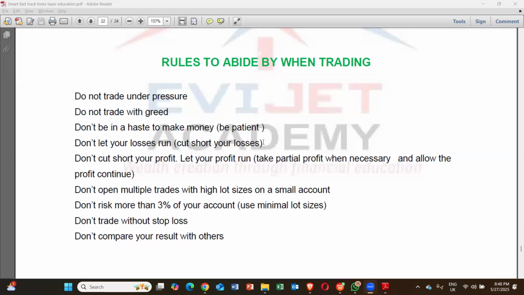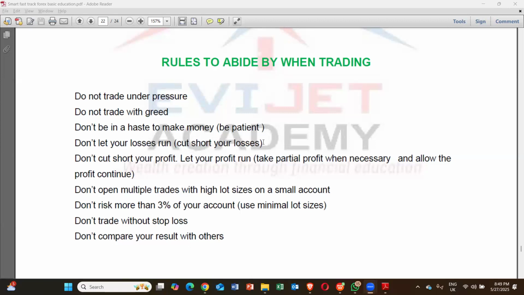But because you just saw your profit, you say, let me close it, and you close. What is happening to you now is that when it is stop loss, you are allowed to hit stop loss, but when it's take profit, you will not allow it to hit TP. Now, the point is this.